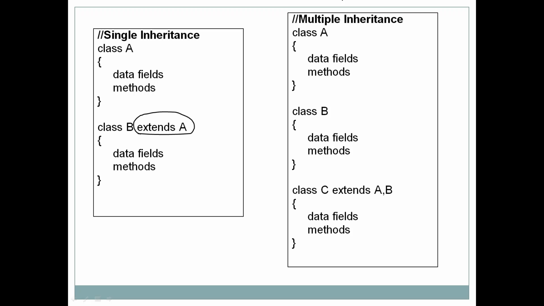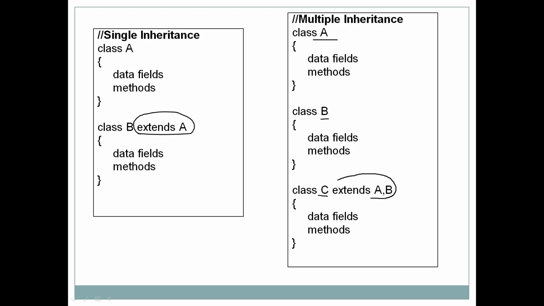Okay. Then multiple inheritance. So we have class A having its properties and class B with its own properties, and suppose we have a class C which is inheriting from two classes.